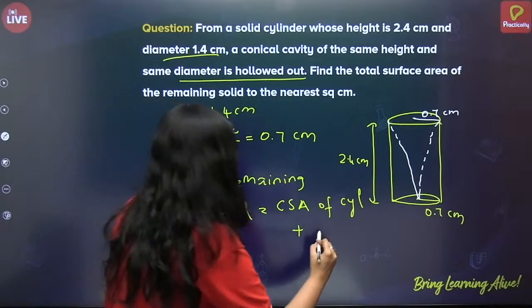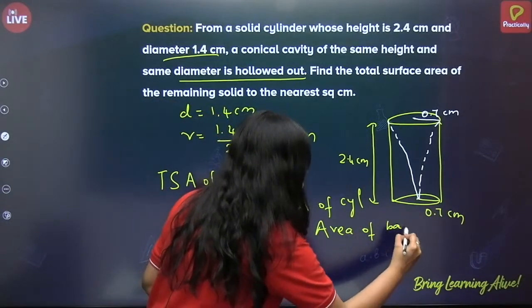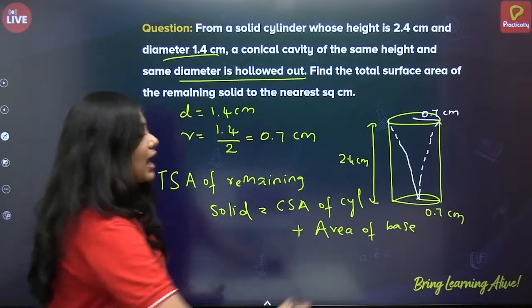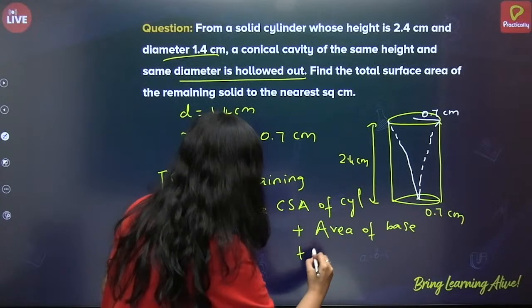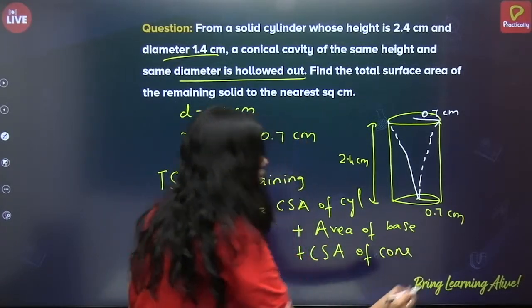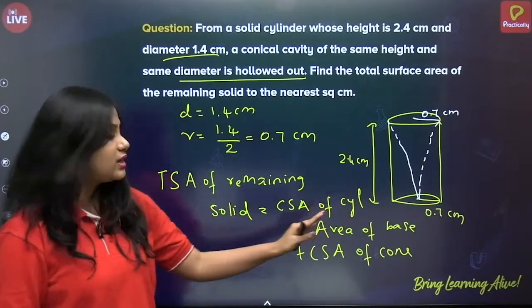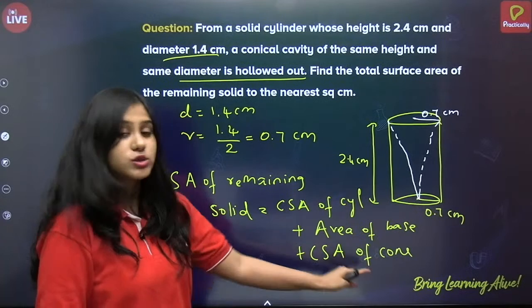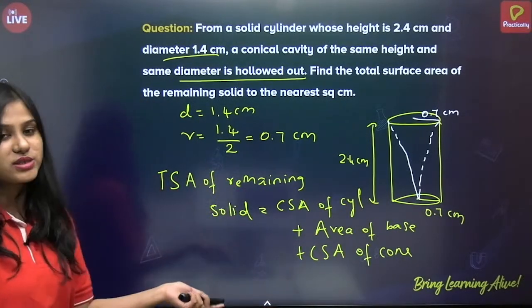Circle. So I'll just write area of base and we know that it is a circle, right? And curved surface area of cone. So plus CSA of cone. Now we know all the formulae of this. We know what is CSA of cylinder, area of base and also CSA of cone. Let us just write the formula and substitute its values.